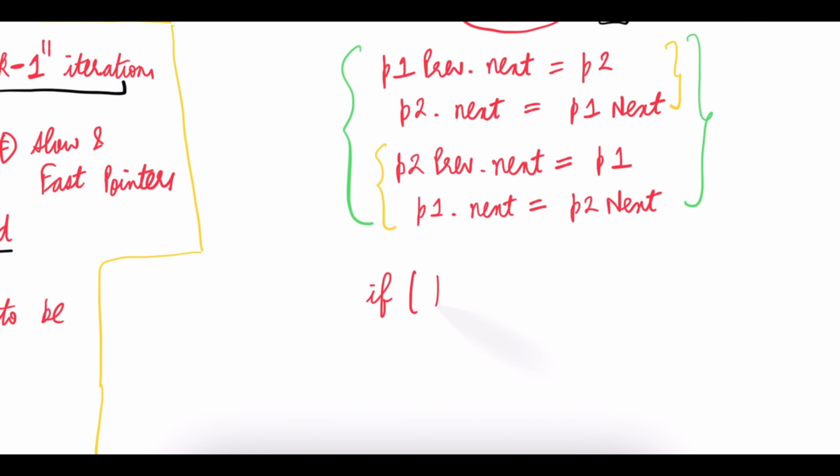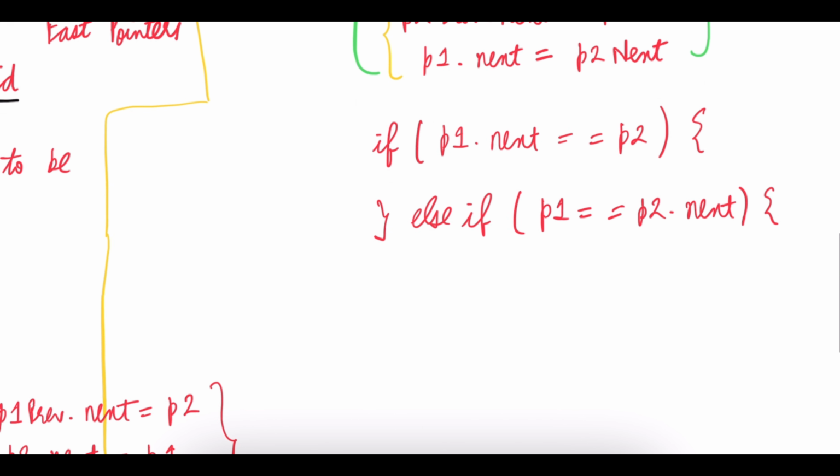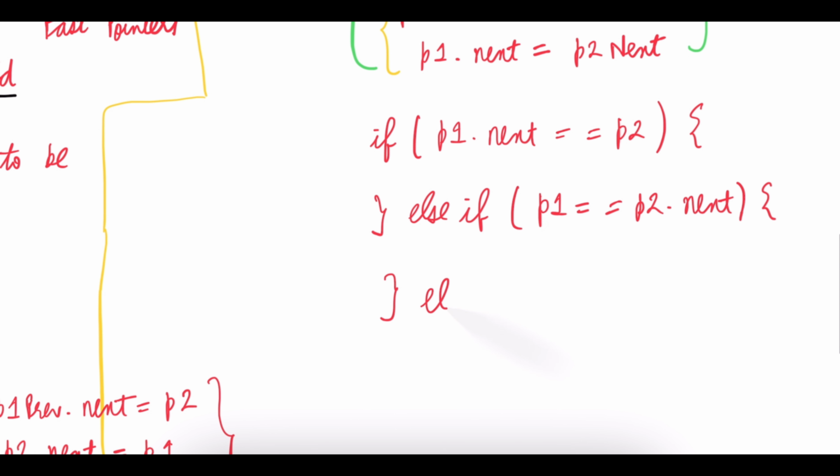So if p1 dot next equal to p2, then do those 3 pointer updates, and else if p1 equal to p2 dot next, then do those 3 pointer updates, and else do those 4 pointer updates.